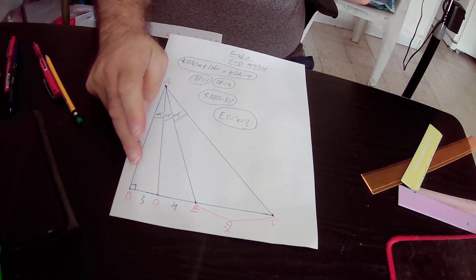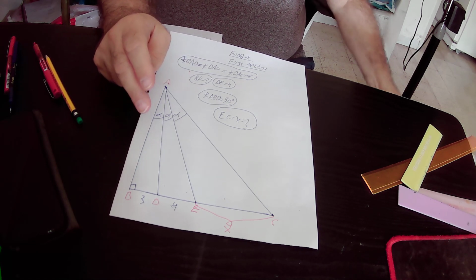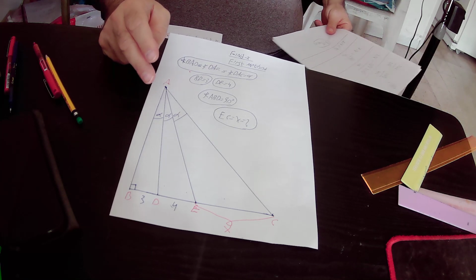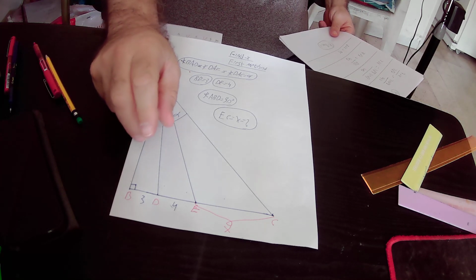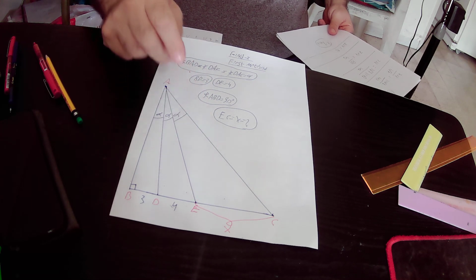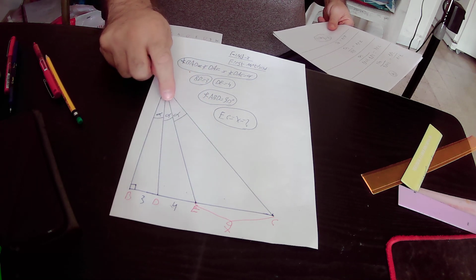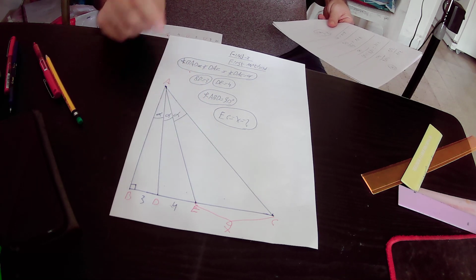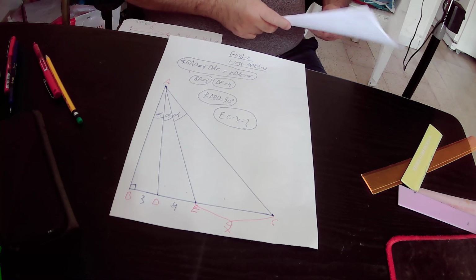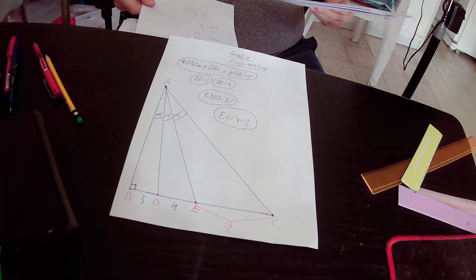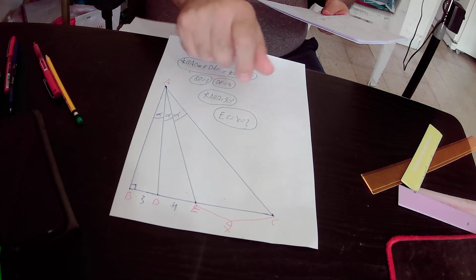This angle equals 90 degrees. And BD equals 4 units, DE equals 4 units. Those angles are all equal to alpha. And we want to find out the value of X.